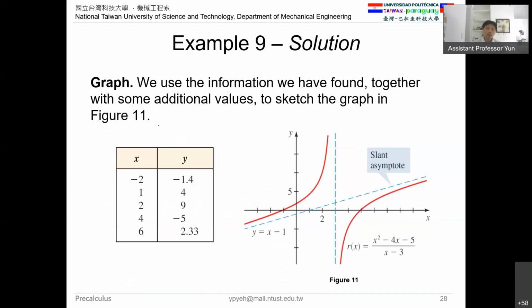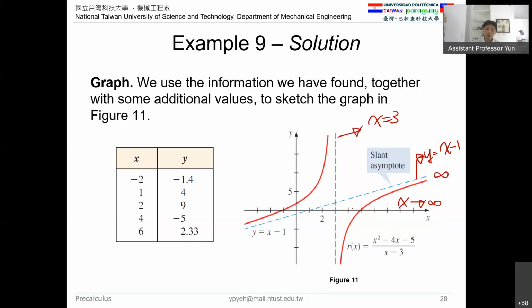Then when we are sketching the rational function, since we have the vertical asymptote where x equals 3, okay, and also we have the slant asymptote where y equals x minus 1 here, okay. And also we find the end behavior: when x approaches infinity, the function will approach positive infinity as well.